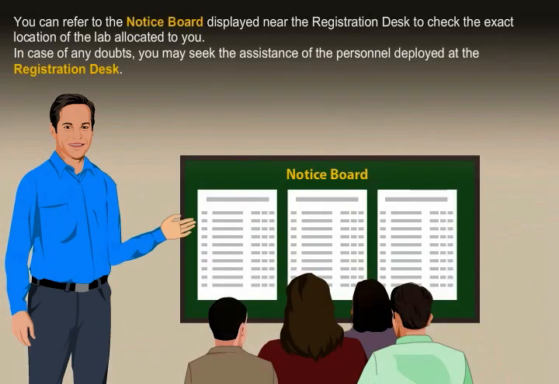You can refer to the notice board displayed near the registration desk to check the exact location of the lab allocated to you. In case of any doubts, you may seek the assistance of the personnel deployed at the registration desk.